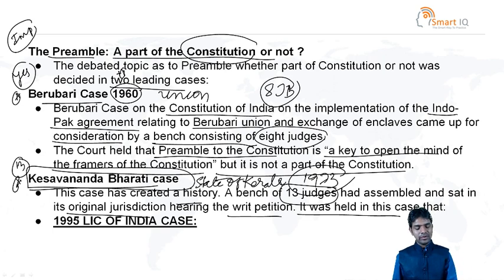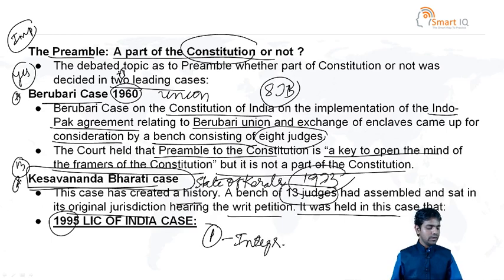Again, in the LIC, Life Insurance Corporation of India case, in 1995, the Supreme Court again held that the preamble is an integrated part of the Indian Constitution. So that's the reason the preamble is a part of the Constitution.